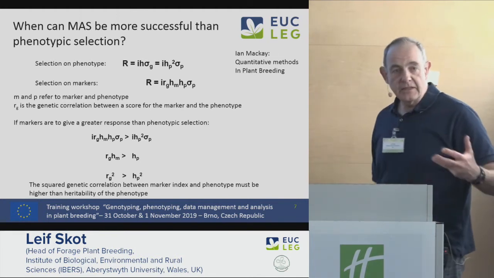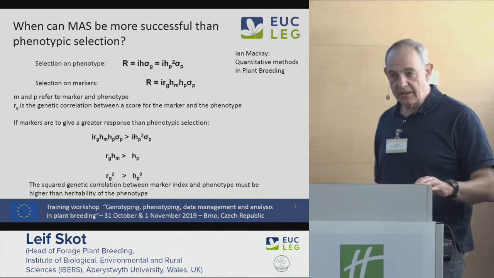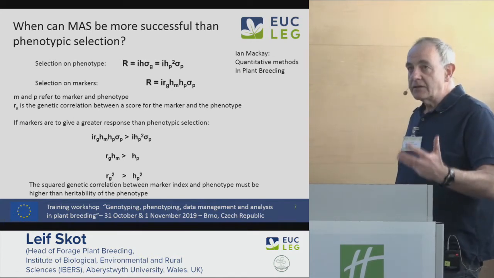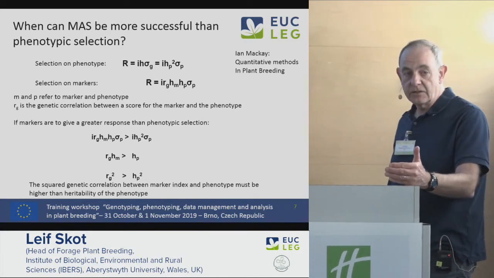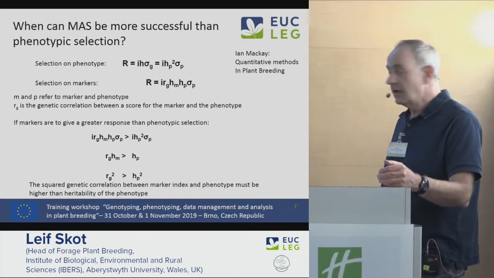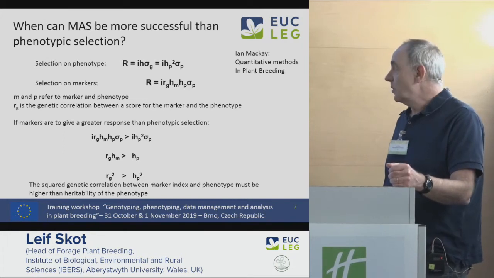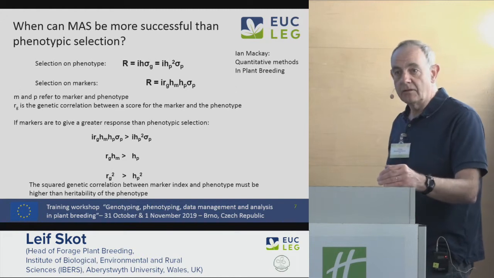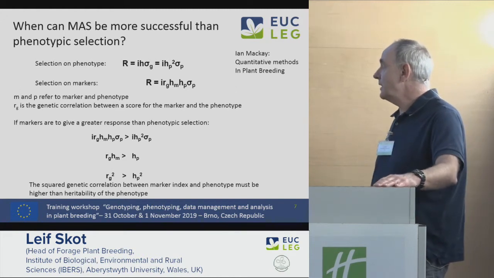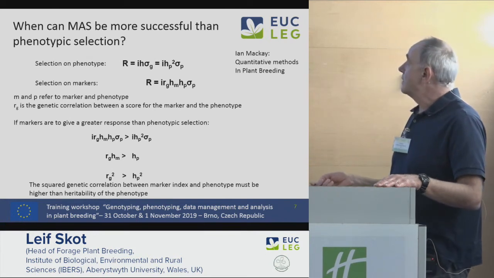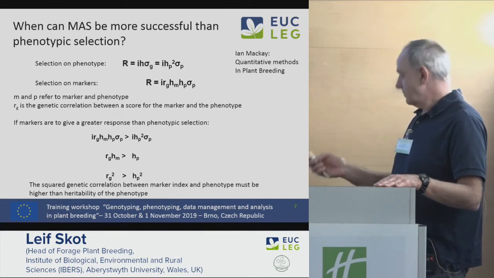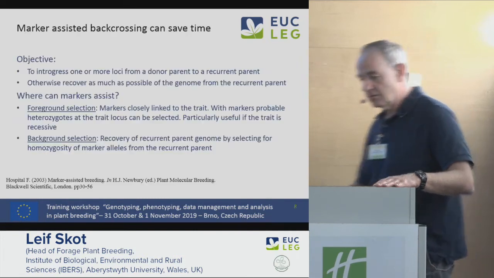But if it only explains like 50% or something, then it's up against a heritability of, for example, 0.5, which is not that unusual in many traits. So it'll have its work cut out to be useful in marker breeding. So that's from Ian Mackay's course.